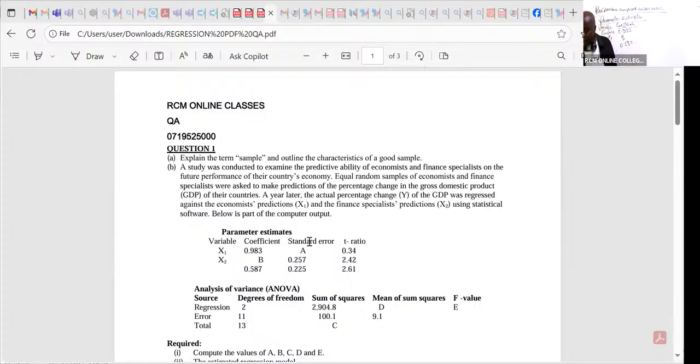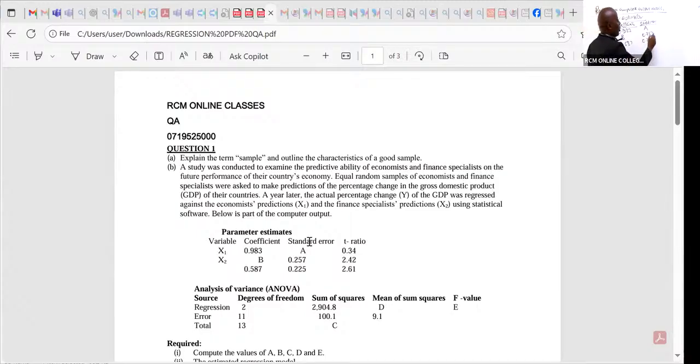And then we have the standard error. So standard error, ladies and gentlemen, what do we have over here? Standard error, A, 0.257. That is standard error, 0.257. Then we have 0.22, 0.225.